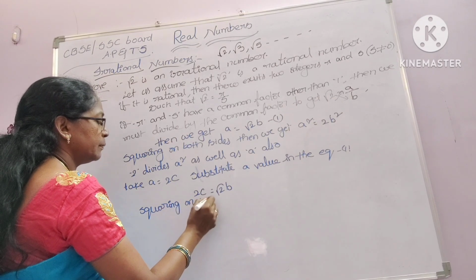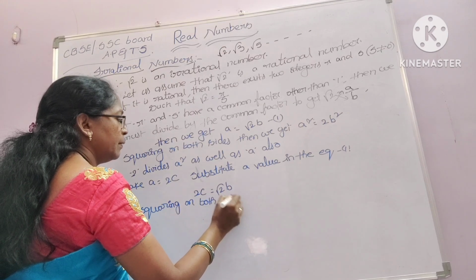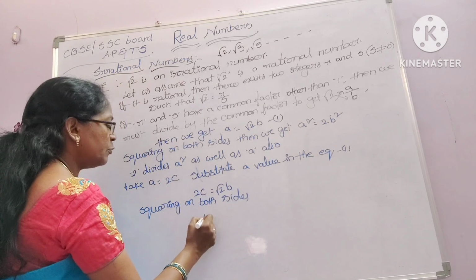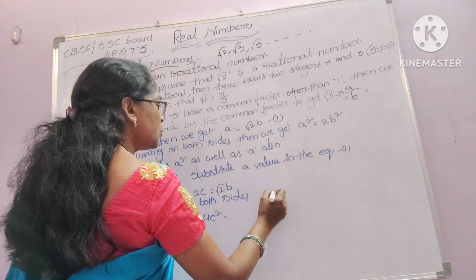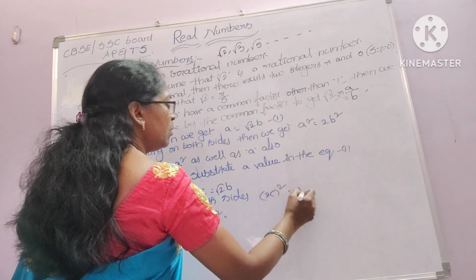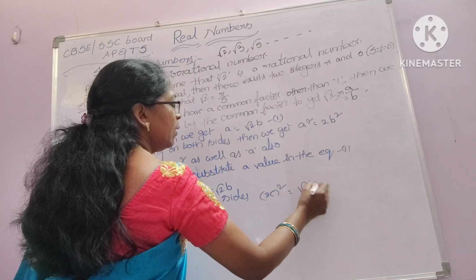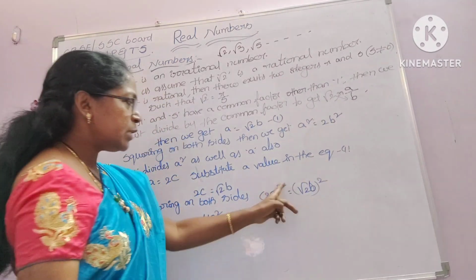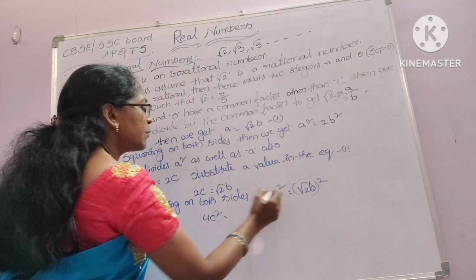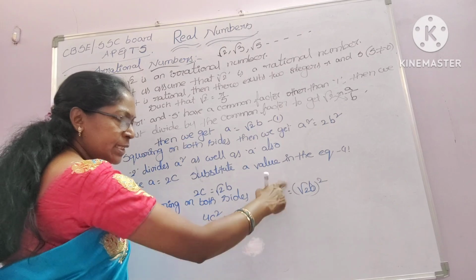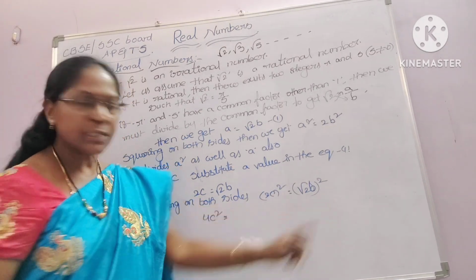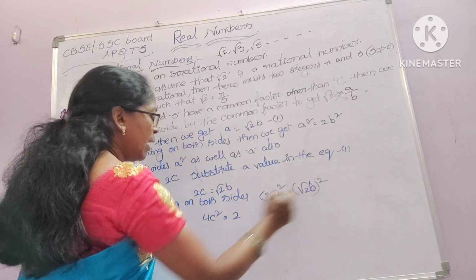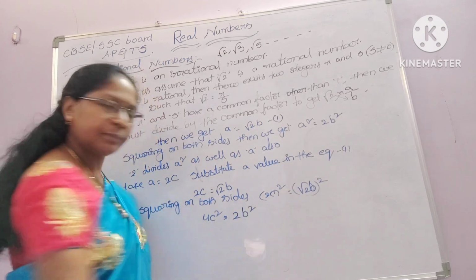Now, 4c square equals: 2c whole square equals root 2 b whole square. 2c whole square means 2 square equals 4, and c square you directly write as c square. And here root 2 whole square is nothing but 2, and the b square term.